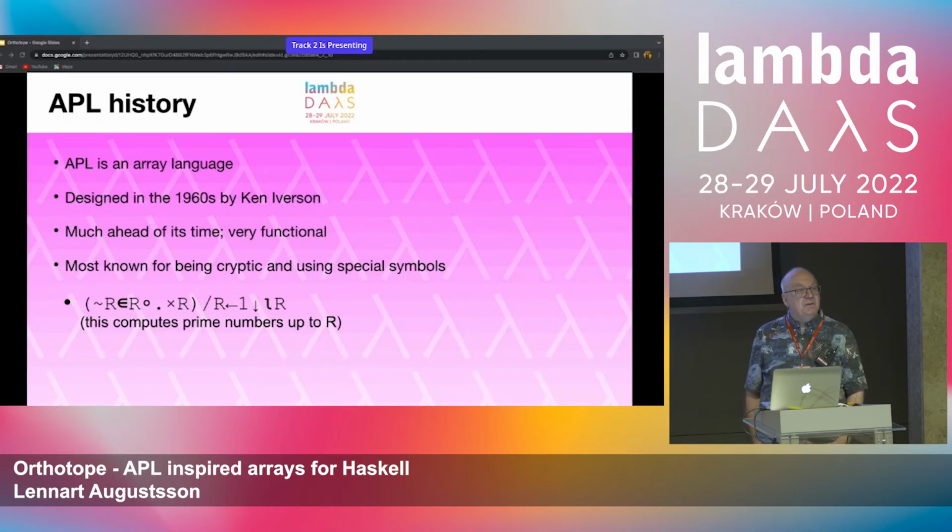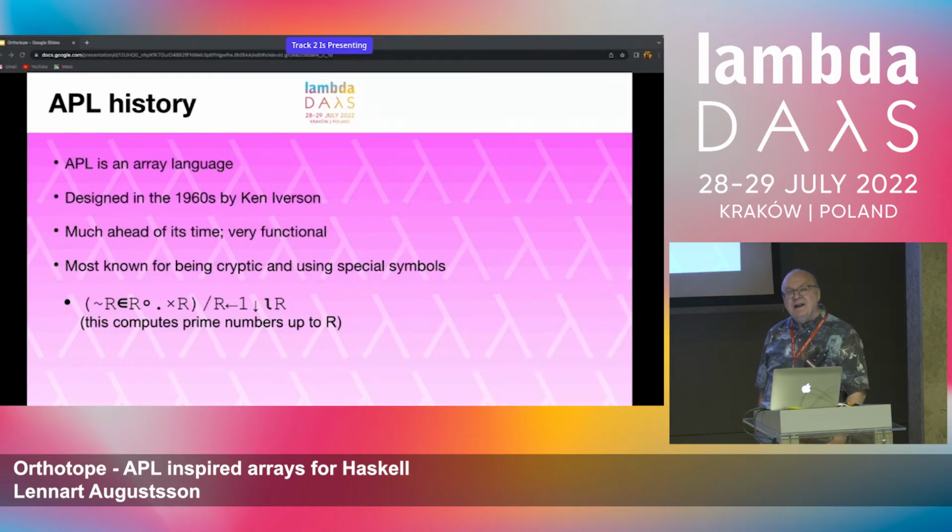If you've heard anything about APL, you've probably heard that it's a cryptic language, very short. So I have an example here of an APL program that computes prime numbers up to some number r. Don't ask me to explain it.